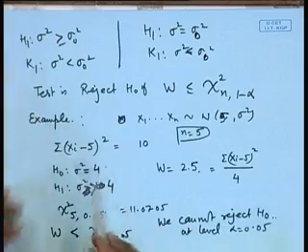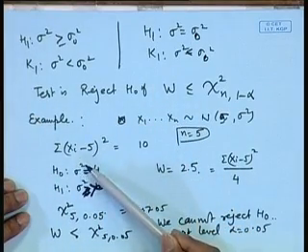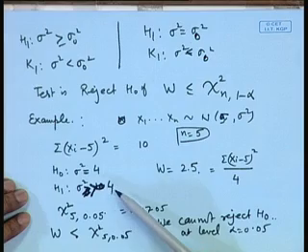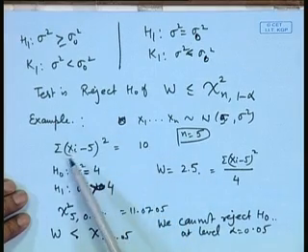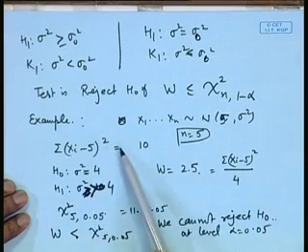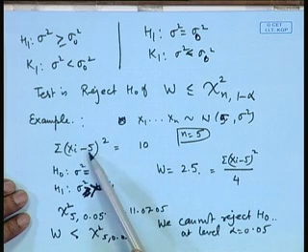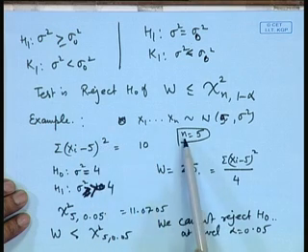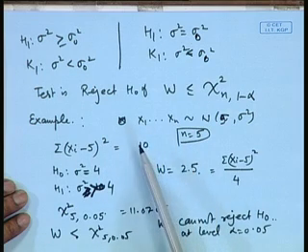Let us look at the interpretation of this. We are testing about the variability here, that variability is equal to 4 or more than 4. Now, what is happening here is that sum of (xi minus 5) whole square is turning out to be 10. So, if we look at sum of (xi minus 5) whole square by n, which is the maximum likelihood estimator, that will be equal to 2.